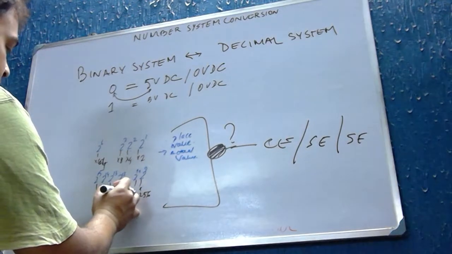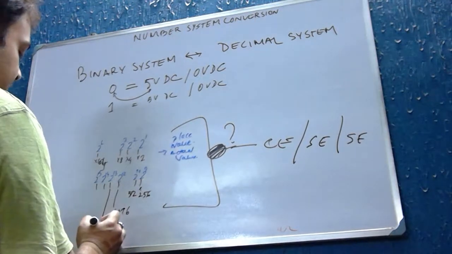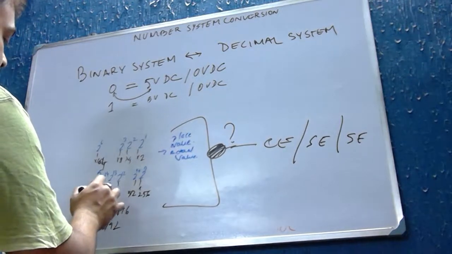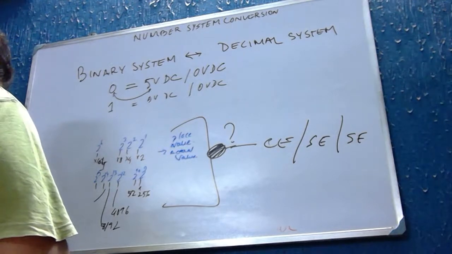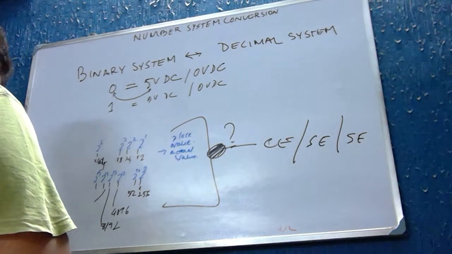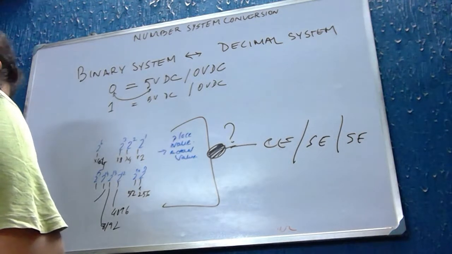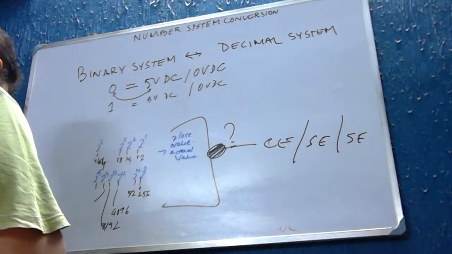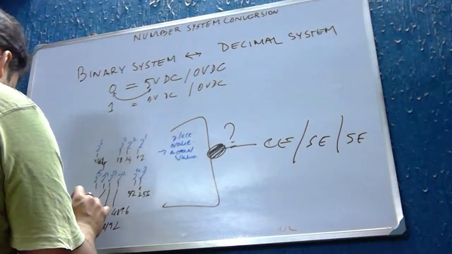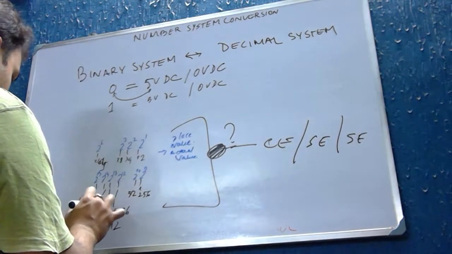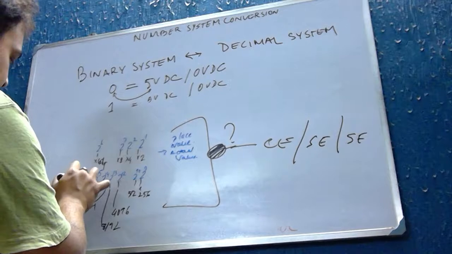That's 4096, right? This is 8192. I'll tell you how much it will be. 16,384, and this is a famous value, 32,767.